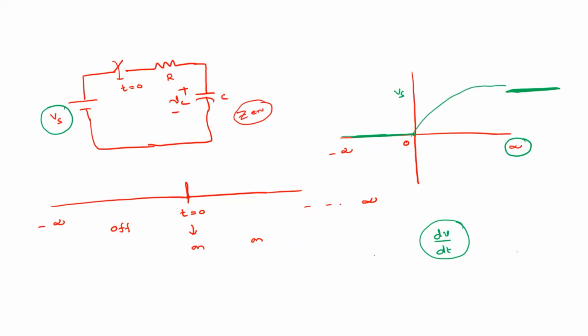That we are going to study now. When the switch is closed, how the capacitors are charging and how the current across the inductors is varying, we will discuss in this subject.